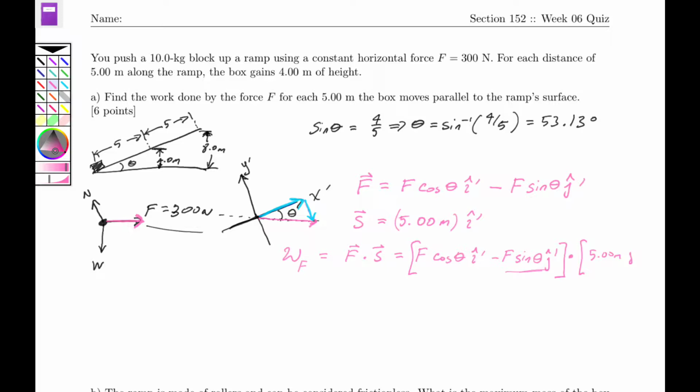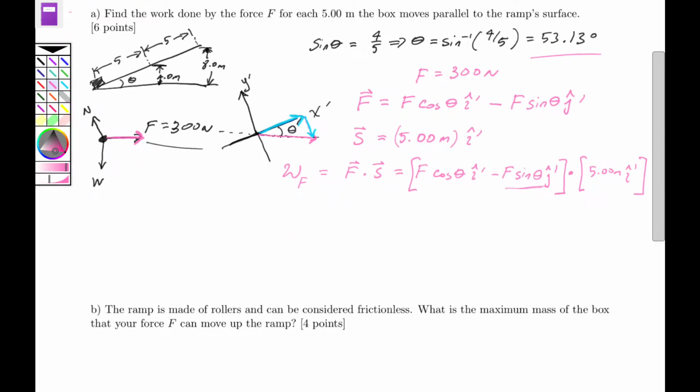F is the magnitude, 300 newtons, and theta was 53.13.